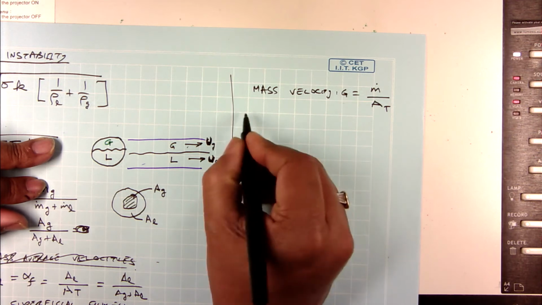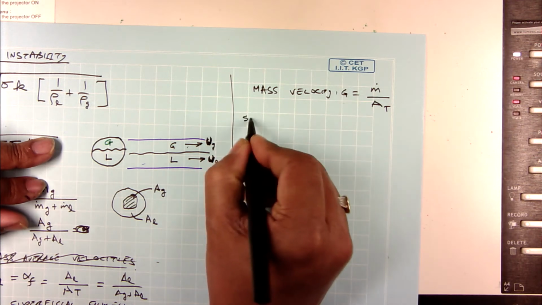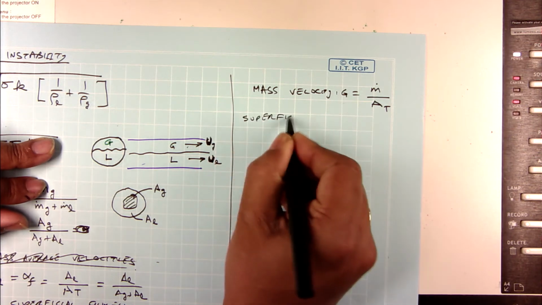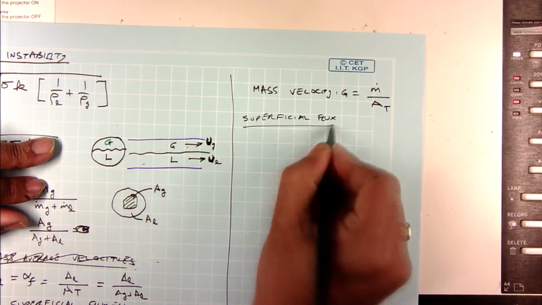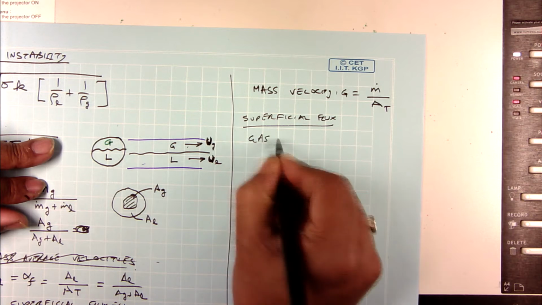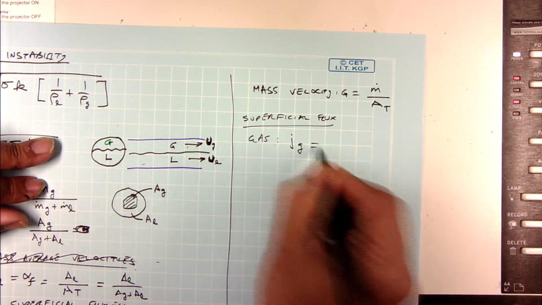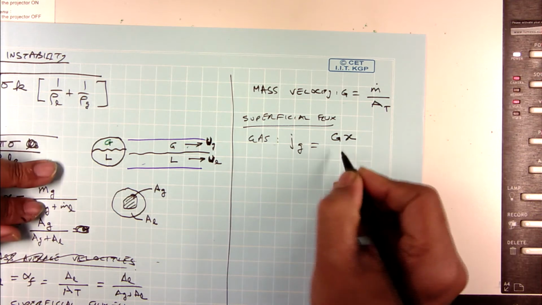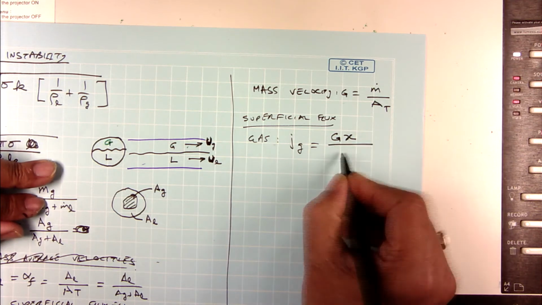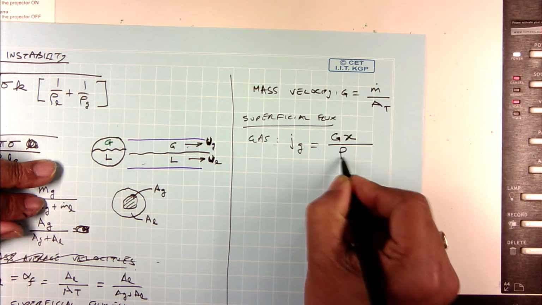So the superficial flux for gas, which I call Jg, is equal to G times x, the mass flow rate of the gas, divided by rho g.